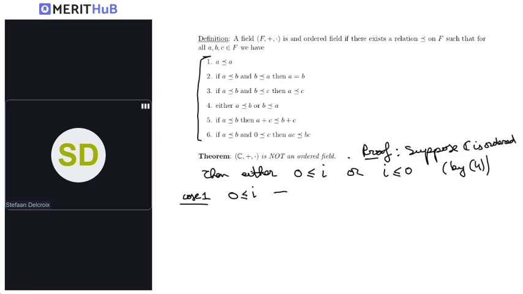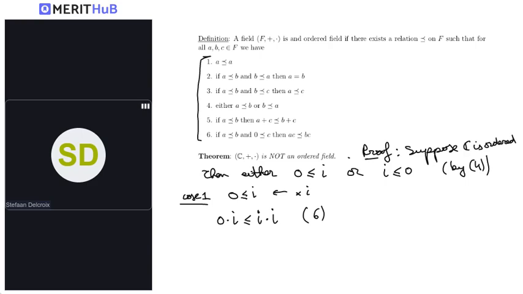I'm going to multiply by i. So 0 times i is less than or equal to i times i. Which property says I can do this? Six. You can multiply both sides by a positive number.